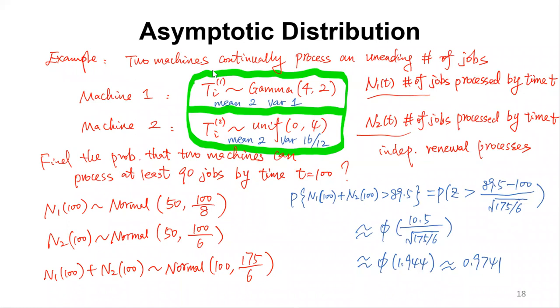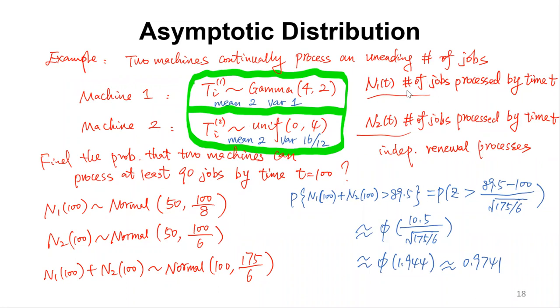Suppose we have two machines. They continually process an unending number of jobs. For machine one, the inter-arrival time is gamma for 2. So for the gamma distribution, the mean is 2 and the variance is 1. For machine two, this is uniform, the mean is 2, the variance is 16 divided by 12.